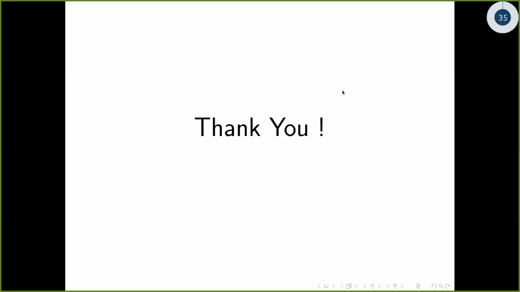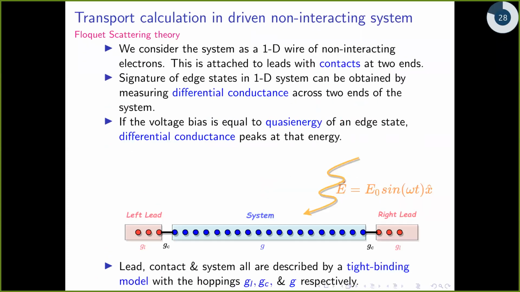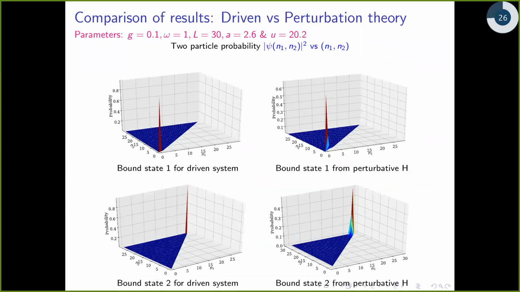Hi, it was a nice talk. My question is, in one of the graphs, you showed that as you increase mod U, the interaction strength, the system has more probable edge states, right? There are two graphs.